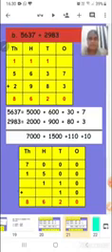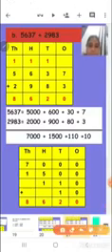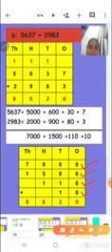Children, after finding the sum, we have to write the numbers in the proper places. We have to make a table and write the number in the proper places. First, we will write 7,000, then 1,500, then 110, and number 10.